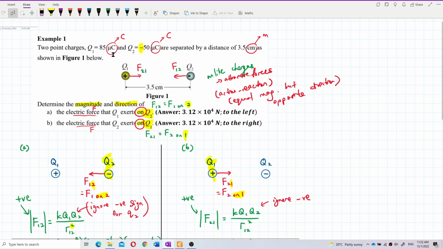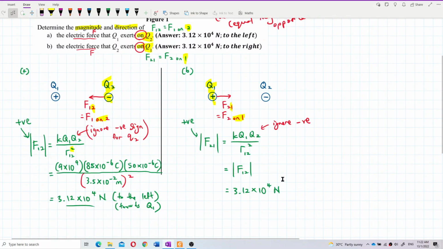We don't say the bigger charge attracts stronger compared to the smaller charge, and the smaller charge attracts weaker. No. They both attract with the same force, although they have different charge, because they are action reaction force. So A and B have the same magnitude, but opposite direction.